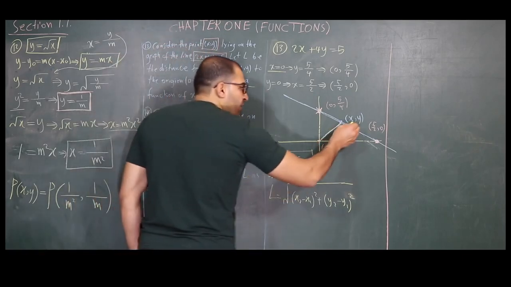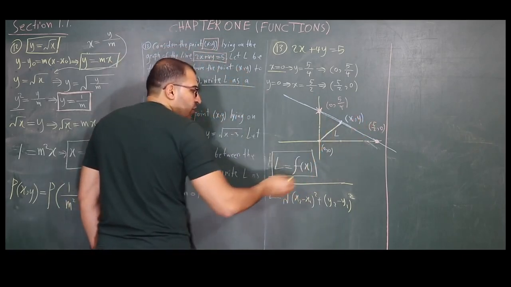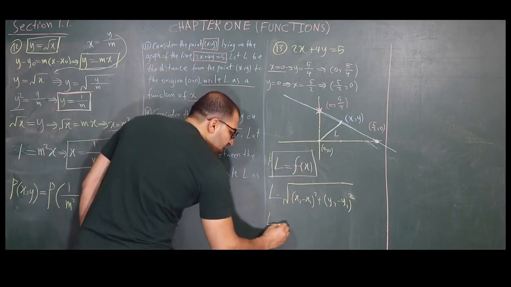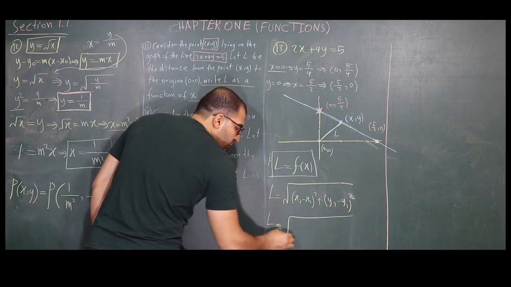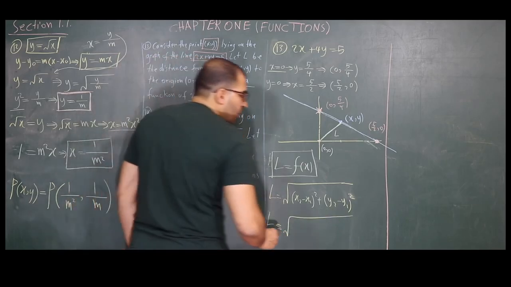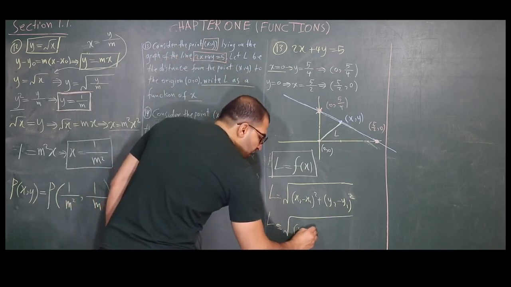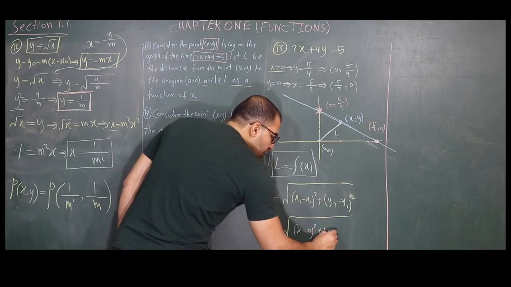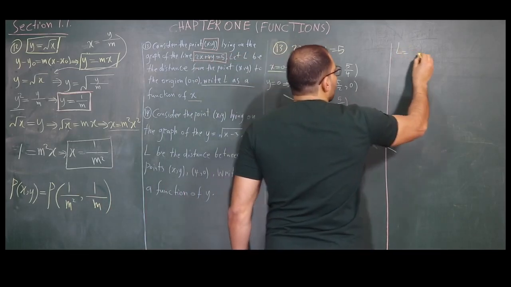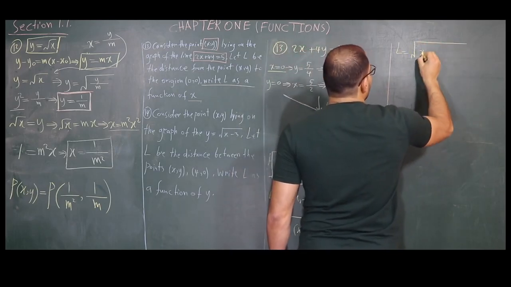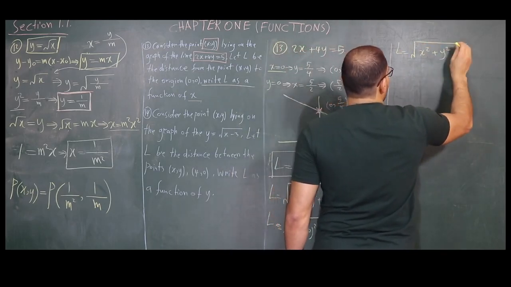So we have this point (x, y), and we have the origin, so I could write easily: x minus 0 squared plus y minus 0 squared. L will be the square root of x squared plus y squared.